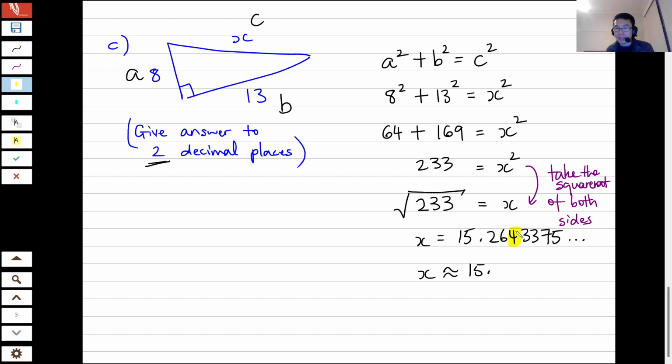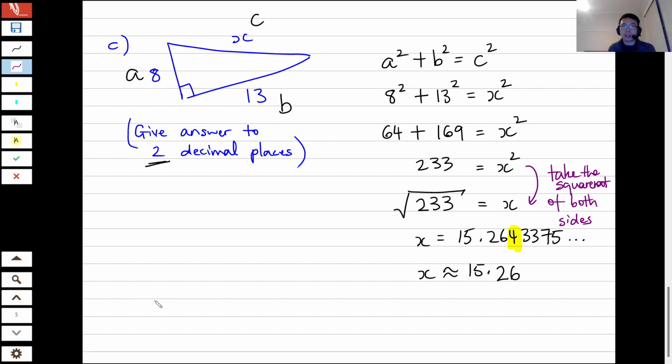And I need to decide, by looking at the next digit, the 3rd digit, whether to round up or down. So looking at the number 4 here, I'm noticing that it's less than 5. If the number is less than 5, I round down to 15.26. If, however, the digit that I highlighted was 5 or larger, I would round my answer up to 15.27.